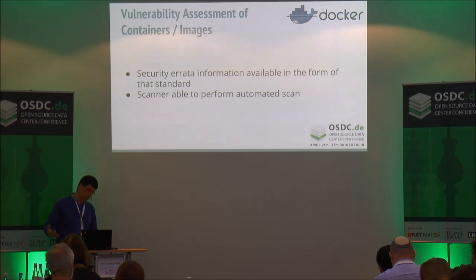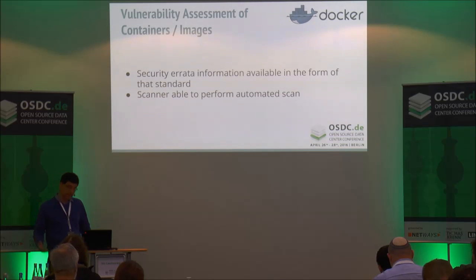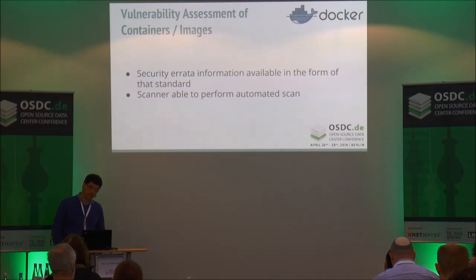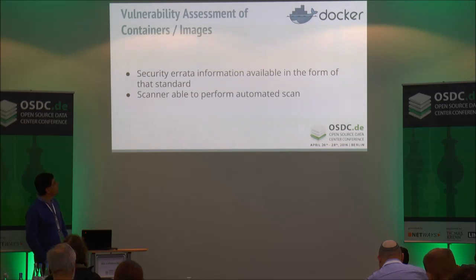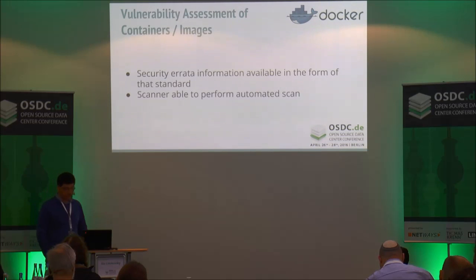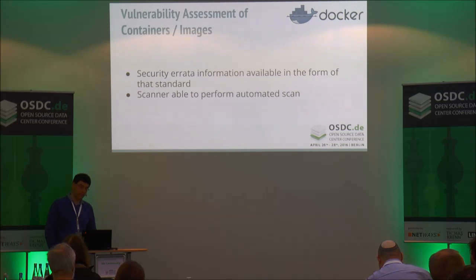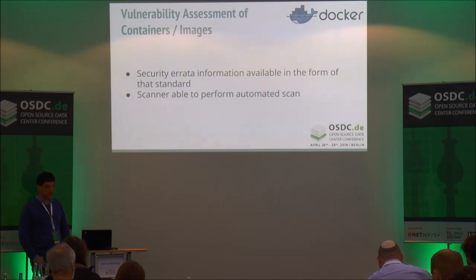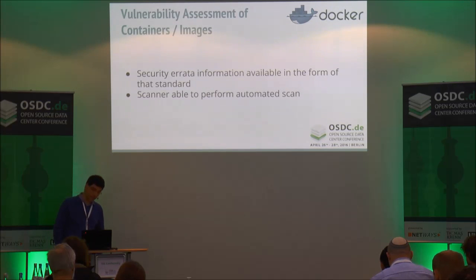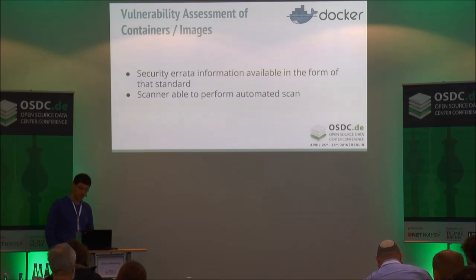Before, we said we need the standard, we need the security errata available in the form of the standard, and the scanner. The security errata: a lot of vendors in the Linux area producing operating systems dedicate a lot of effort to creating security update information in the form of OVAL files.